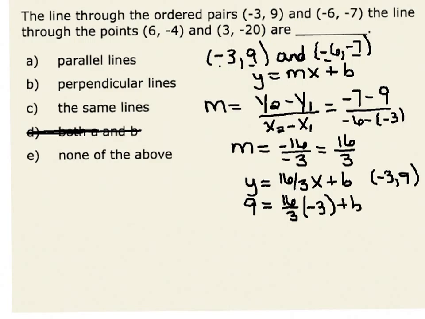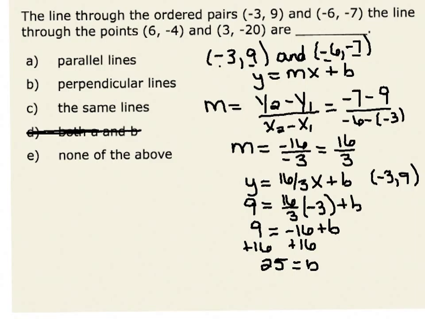When we do this, we see that 16/3 times -3 is equal to -16. Therefore, 9 is equal to -16 plus b. To solve for b, we add 16 to both sides, telling us that our y-intercept, b, is equal to 9 plus 16, or 25.